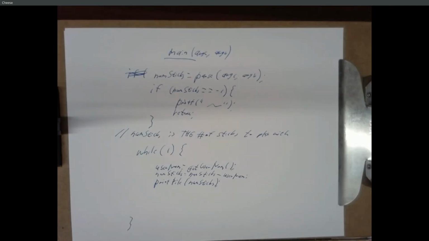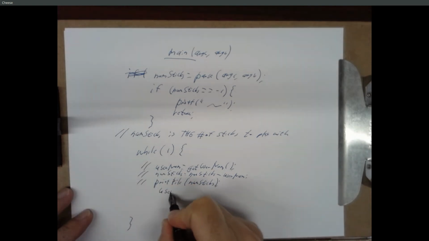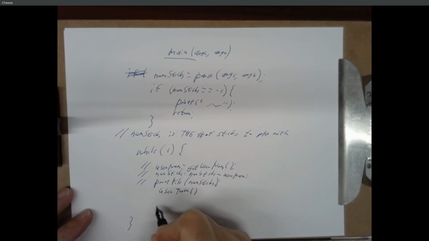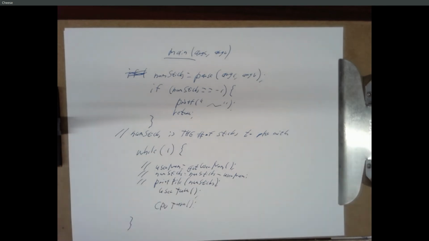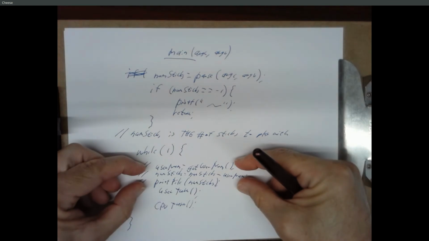Let me show you an even more extreme way to do this. There's some extreme modularization. I can make my while loop basically have two function calls, user turn and CPU turn. And then all of this would go inside this function called user turn.